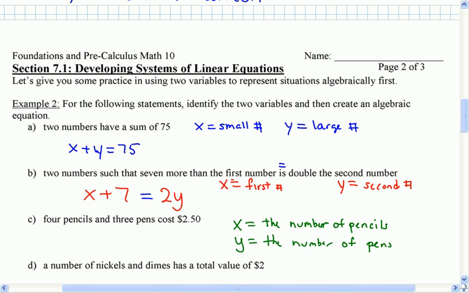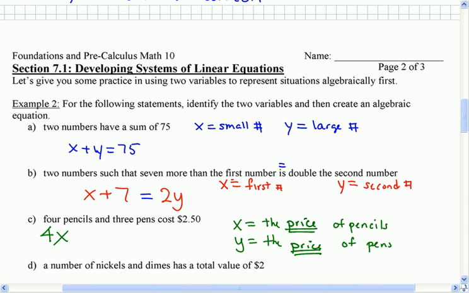4 pencils, 3 pens, cost $250 total. Help me out, somebody. 4x. Sure. Oh, wait a minute. What's the problem here? X is not the number of pencils. It's the price.